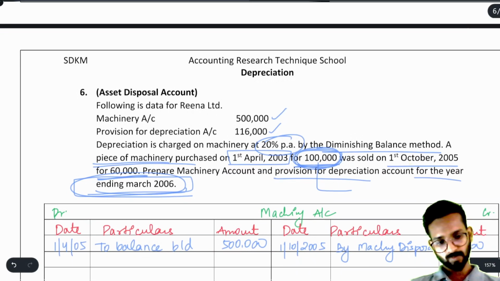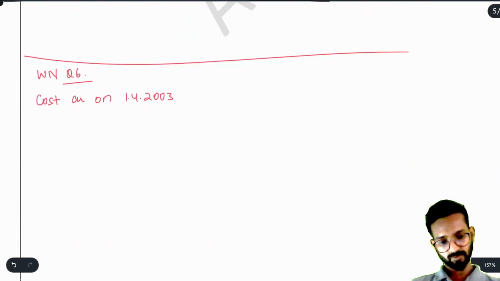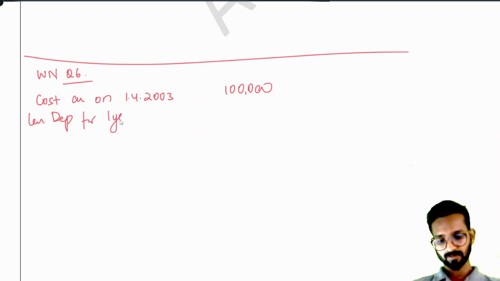It was 1 lakh rupees on 1/4/2003, and we sold on 1st October 2005. Depreciation is 20% per annum. So on 1/4/2003 the cost was 1 lakh rupees, less depreciation for 1 year.